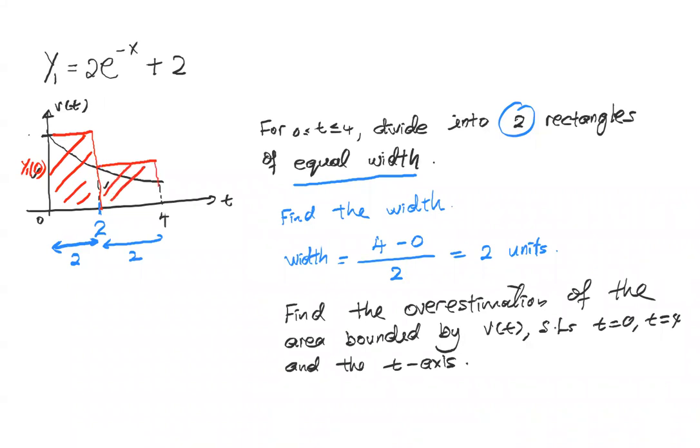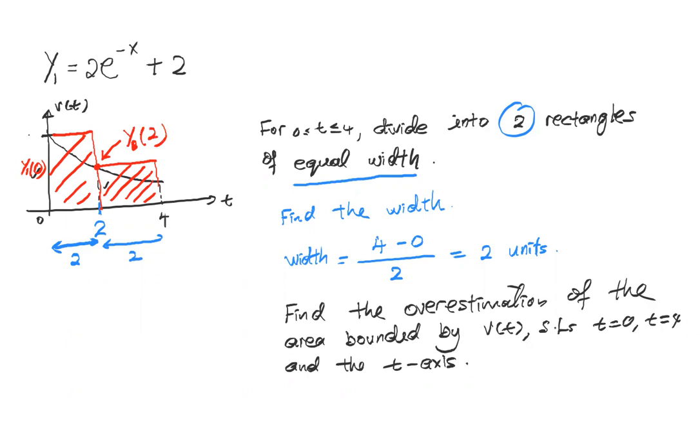So this is called overestimate. Correct? So the height of the second rectangle, you will take this point. That is your y2, y1, when the x is equal to 2. Am I right?